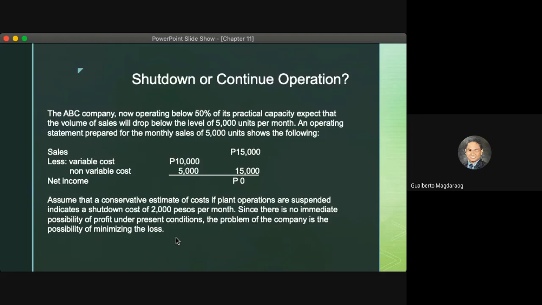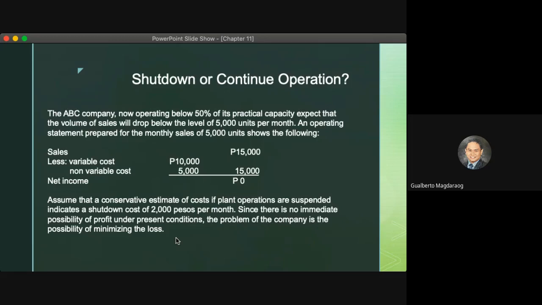Ito okay lang eh. Zero income, walang loss, hindi nga lang nagkaroon ng profit. So, 5,000 units, okay pa tayo. Kaya lang, we expect next year, it will be less than 5,000. Are we going to shut down now or continue operation? So what you are going to do is to compute for the shutdown point.